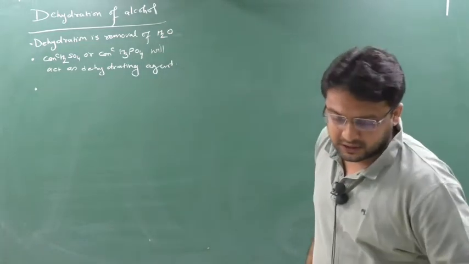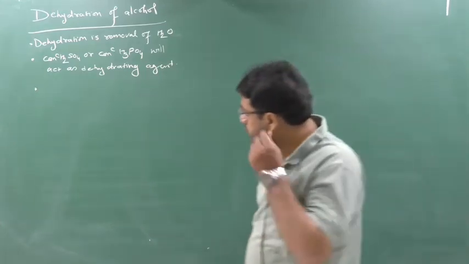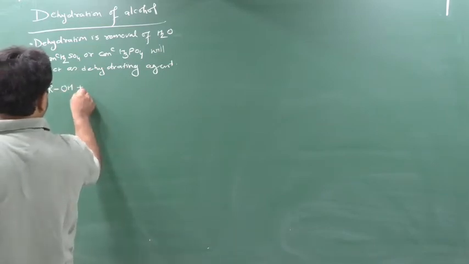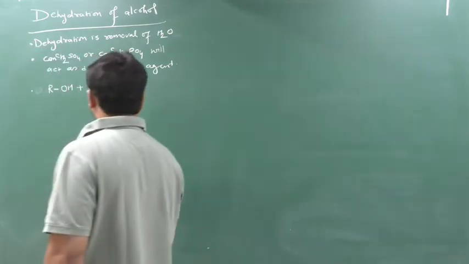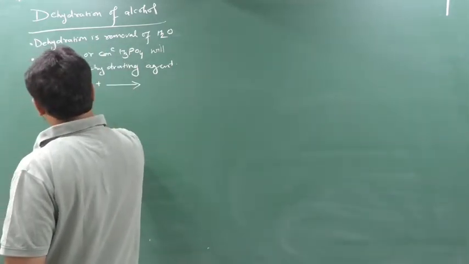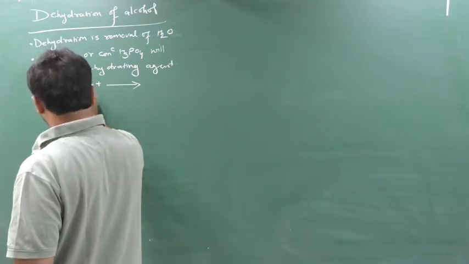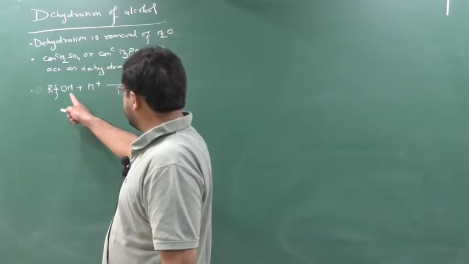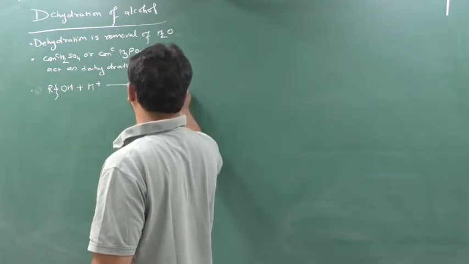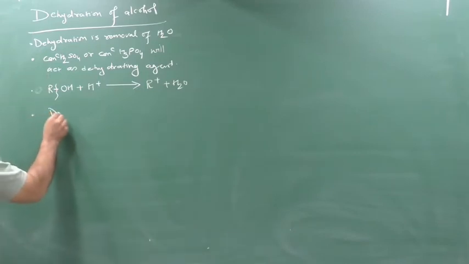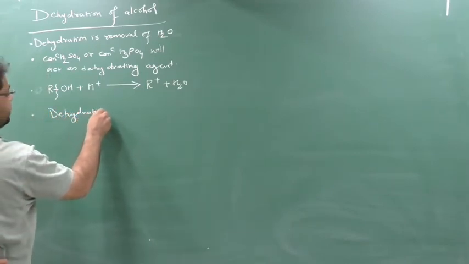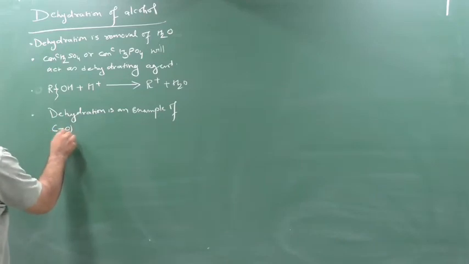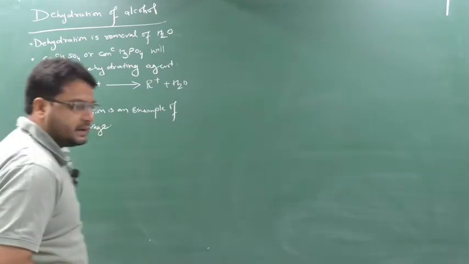Second point. If I take an alcohol, say ROH, and react it with the acid as H plus, this H plus will react with the OH, so cleavage of RO will take place, that is CO cleavage, and there will be formation of a cation. So dehydration is an example of CO cleavage.